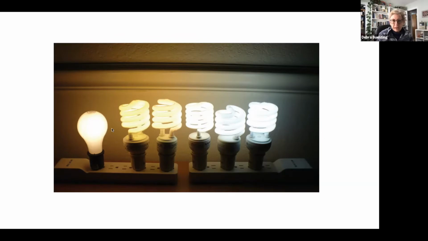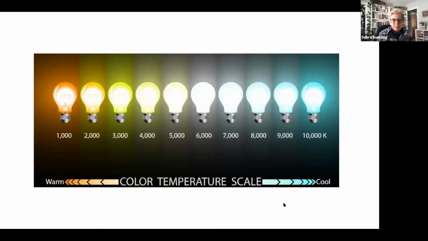These are CFL lights, but the same thing would apply to LED. So when you go to buy LED bulbs or products, you want to choose the kind of light that you want. Some people really like warm, cozy light in their house. I like the clarity of more daylight, but that's just a personal preference.